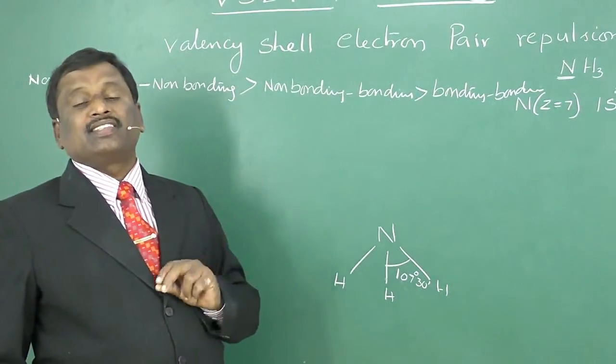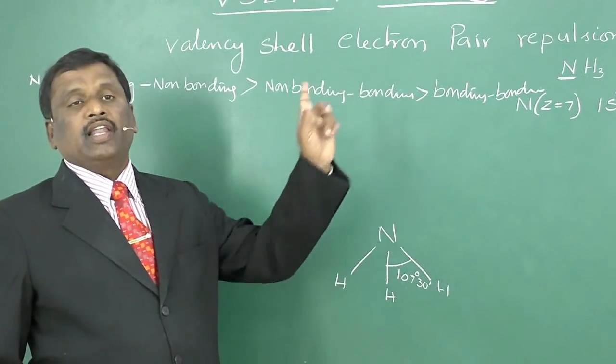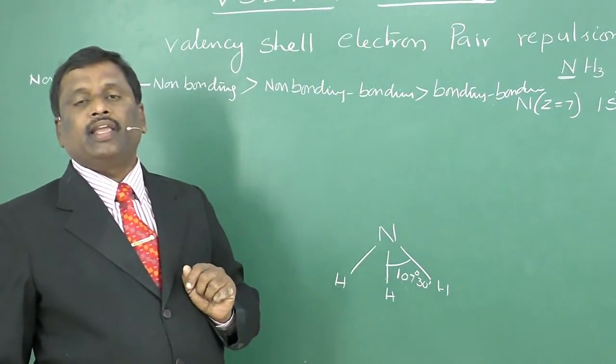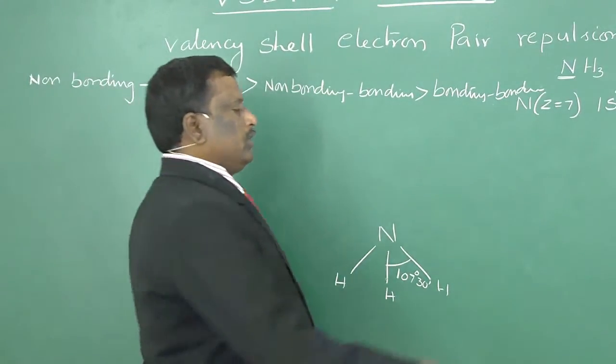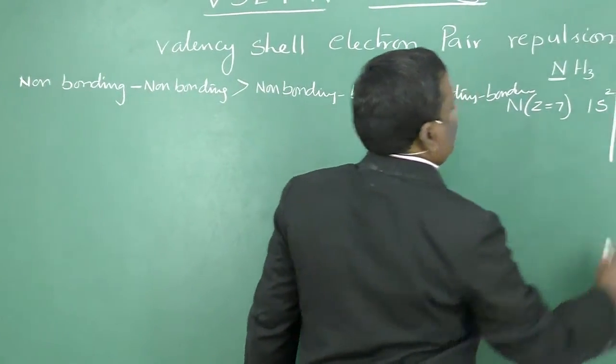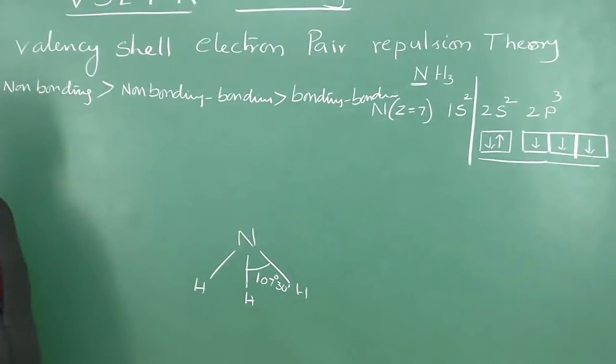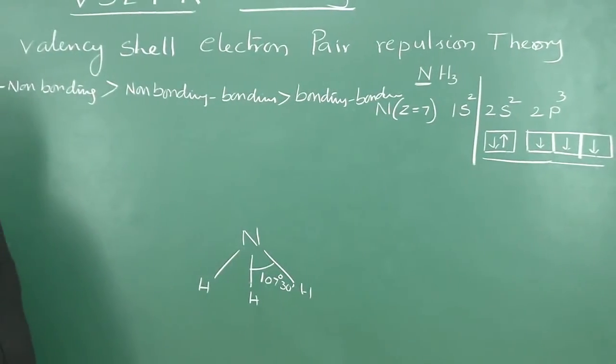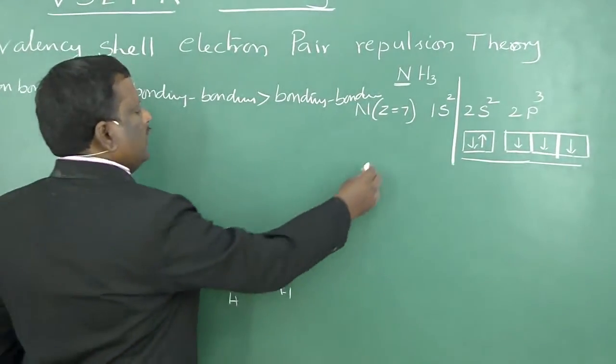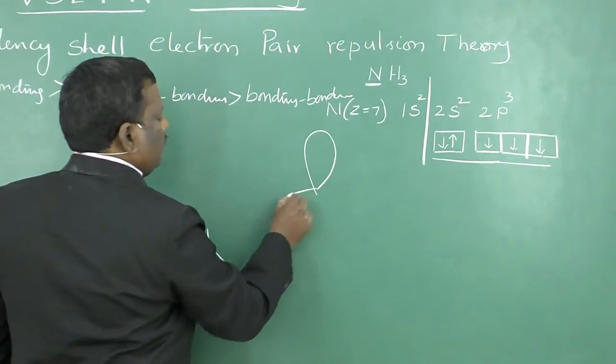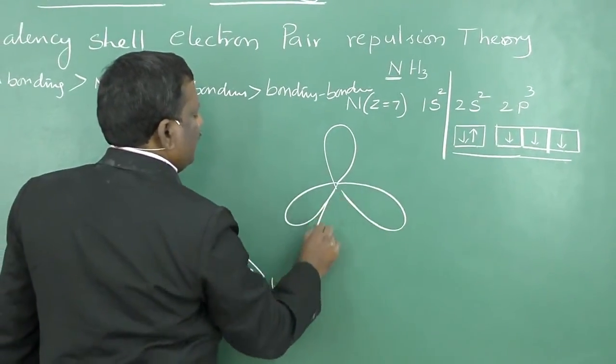Now let us discuss the structure of NH3 in the light of VSEPR theory. In NH3, the valency electronic configuration is 2s2 2p3. If nitrogen is involved in sp3 hybridization, it will form 4 hybrid orbitals.